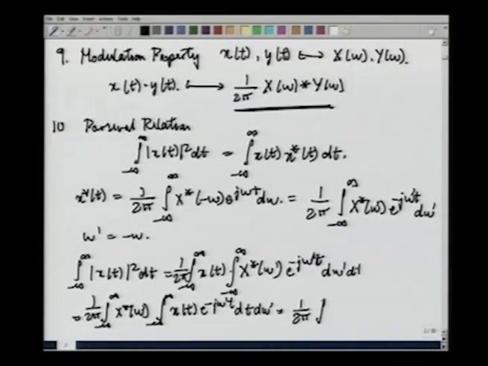Now, just calling omega dash omega, you can as well leave it as omega dash if you like, you get minus infinity to infinity. You have x star of omega over here, and the second integral inside is nothing but x omega. So, you get x star omega x omega, which is nothing but mod x omega whole squared d omega.